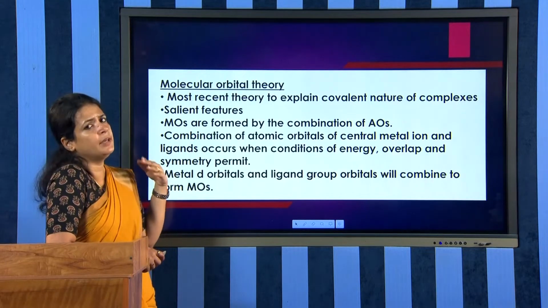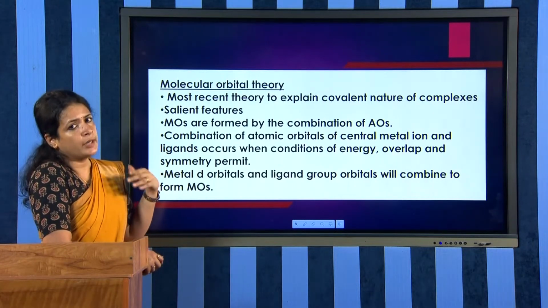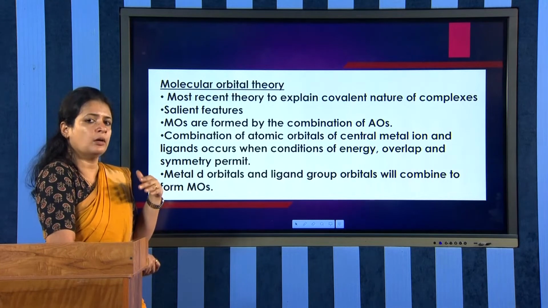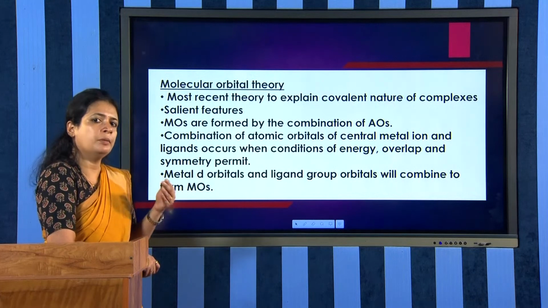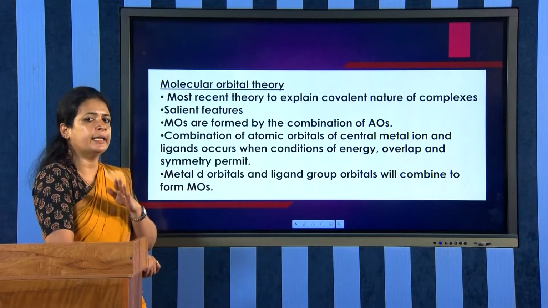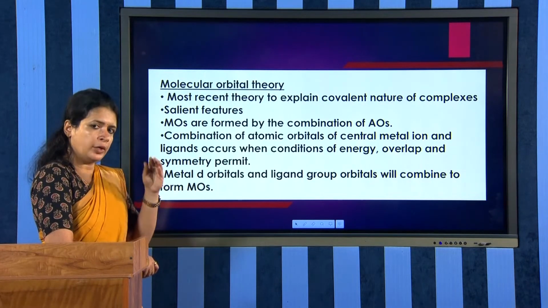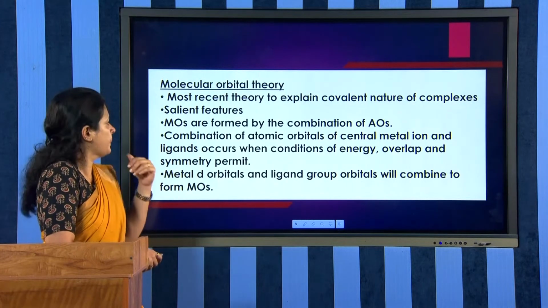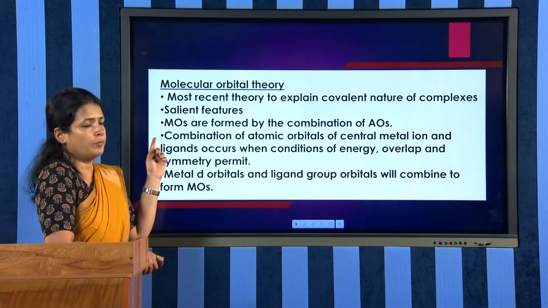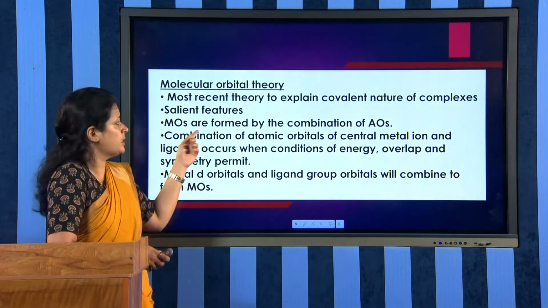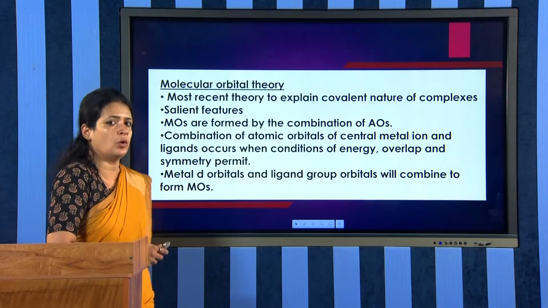And if we are discussing coordination compounds, we are considering the molecular orbitals formed by the metal and ligand. So, these are the salient features of MO theory. Number one, obviously, molecular orbitals are formed by the combination of atomic orbitals.